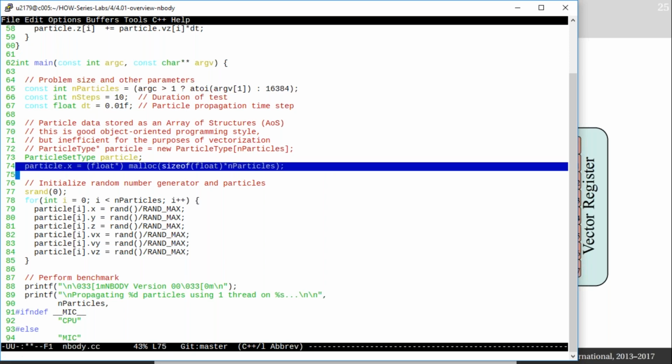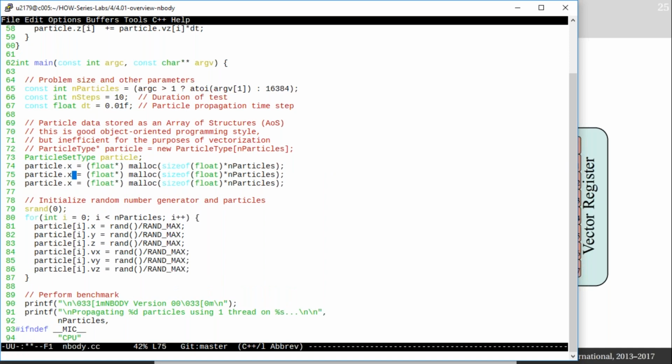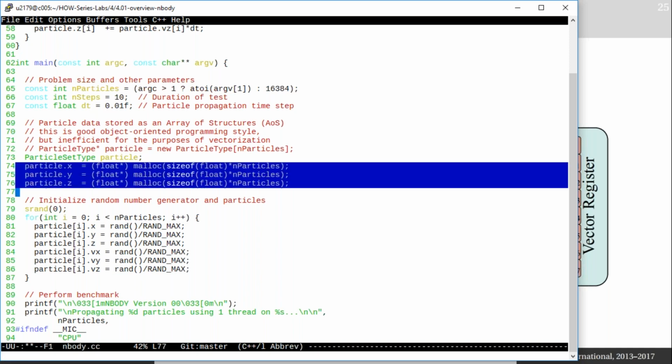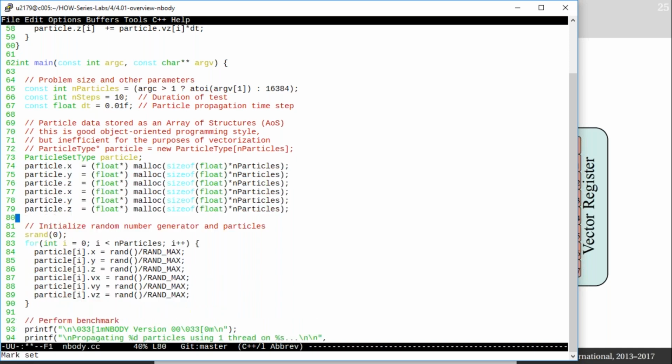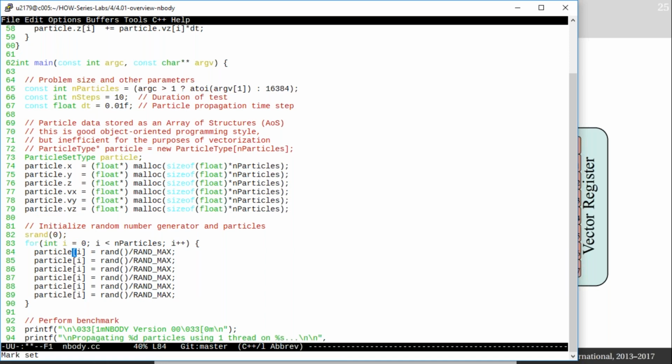I think this is correct. X, Y, and Z. All of these. And the same for velocity components. This will have to be changed. All right.